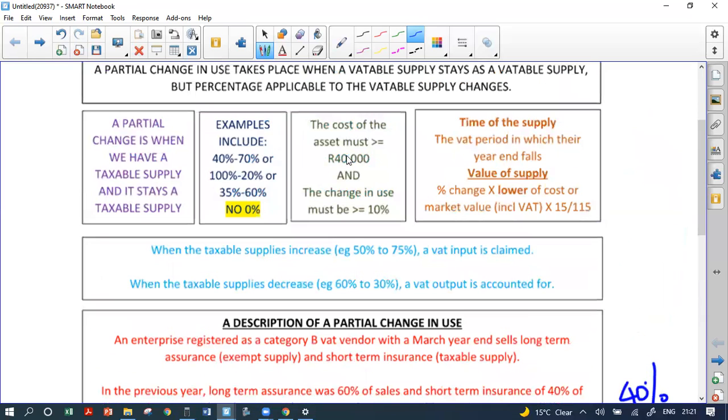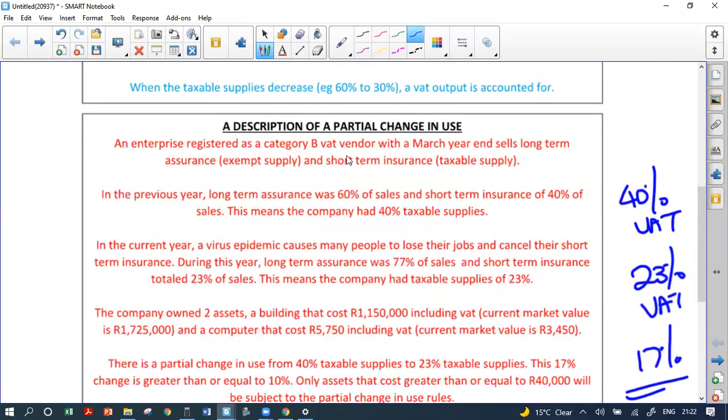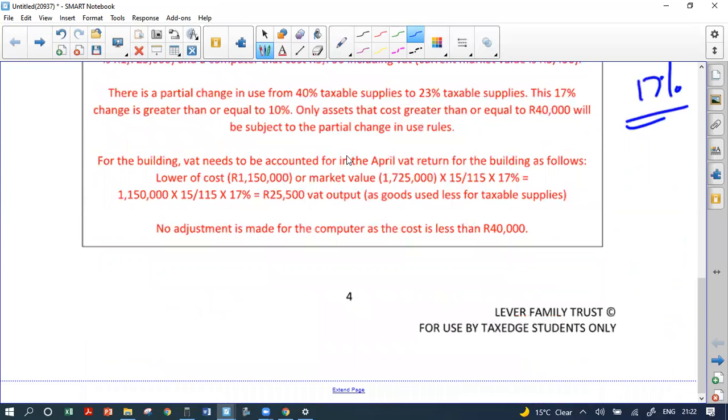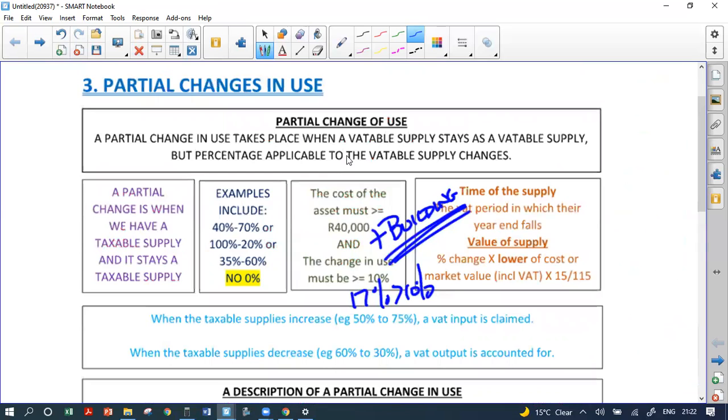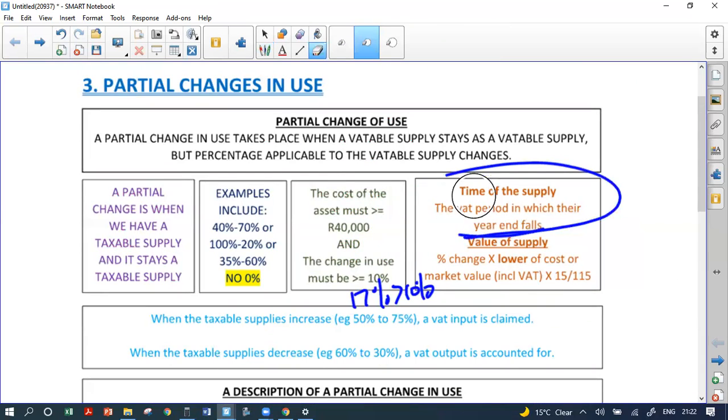What do we say? 17% is greater than 10%, plus we only need to do something for the building, not for the computer, because the building is the only one that costs more than 40,000. And it says for the building, VAT needs to be accounted in the year-end VAT return, because we only do this once a year at year-end. There it is, time of supply, the period in which the year-end VAT return falls.